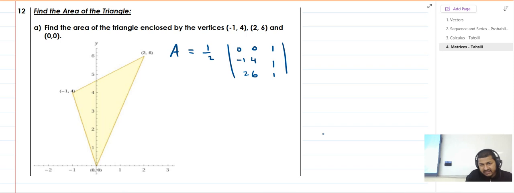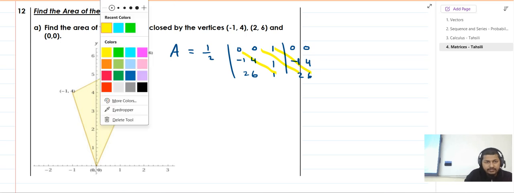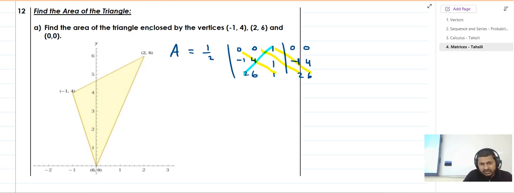Now this is finding the determinant, so extend those two on the outside. 0 0, -1 and 4, 2 and 6. Now let's see. Right, coming down and then up, and remember there's still a half outside. And the nice thing is that because you got so many zeros, it will work out nicely.